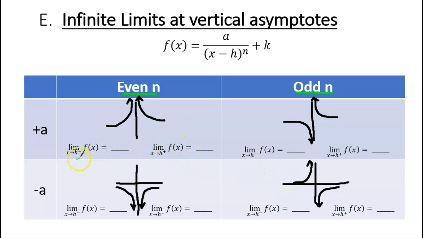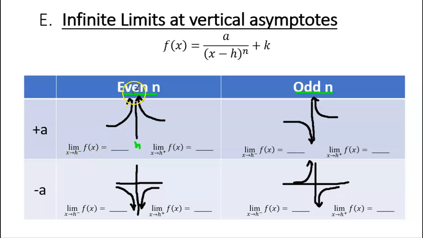And so what I have written now, this is the same graph chart that I gave you earlier, but now I've got some limit notation in here to describe what happens whenever you are approaching the vertical asymptote. So here, the H represents the vertical asymptote. All right. And this one is saying I'm approaching the asymptote from the left, so that's this side.